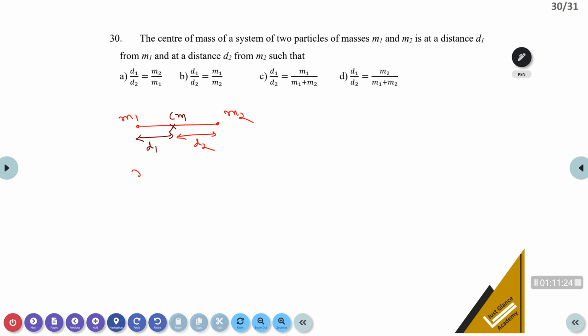We know the formula, m1 d1 equals m2 into d2. Here d1 divided by d2 equals m2 divided by m1. So d1 by d2 equals m2 by m1. This is the right choice. Okay students, now I will stop at this.